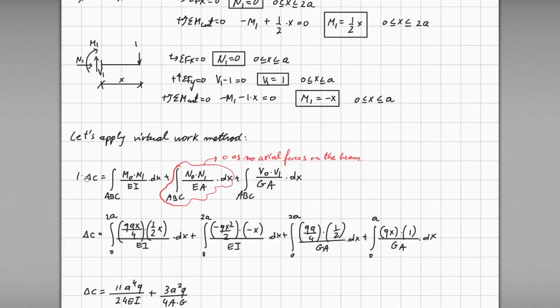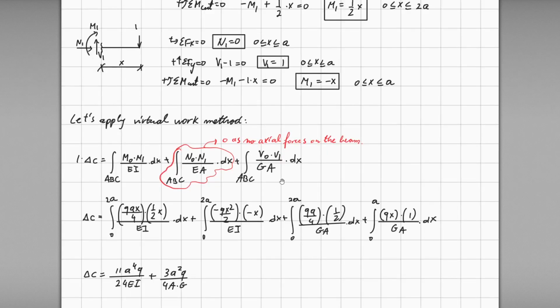I denoted this displacement with delta C, and we need to put over the integral all the components we are asked to take into account, which are the bending moment, axial, and shear forces. The next thing is to apply the bending moments which we already found as shown here.